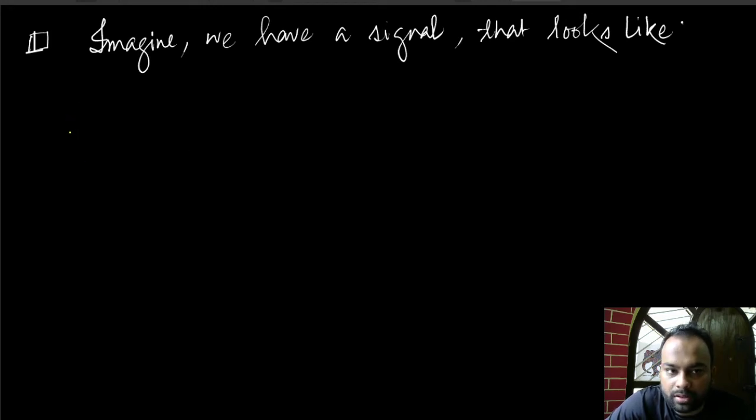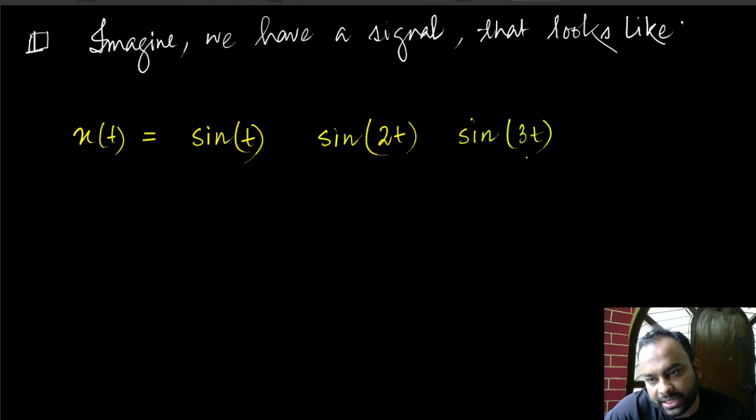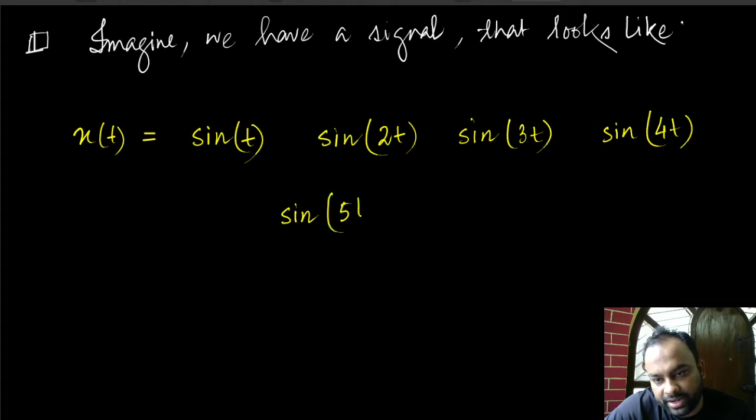So imagine we have a signal x(t) which looks like this: it has a sine 1 radian per second component, a 2 radian per second component, a 3 radian per second component, a 4 radian per second component, a 5 radian per second component, and so on, up to an n radian per second component, and so on.